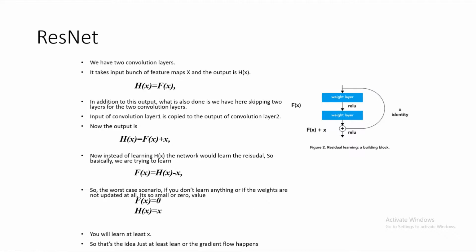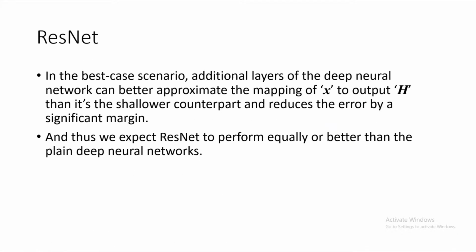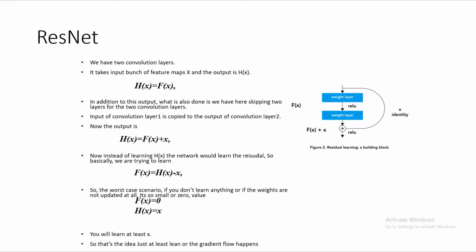The gradient flow happens. The worst case scenario means nothing is learned, or f(x) is equal to x. Even in the worst case, the flow of gradient isn't stopped, and something is learned.